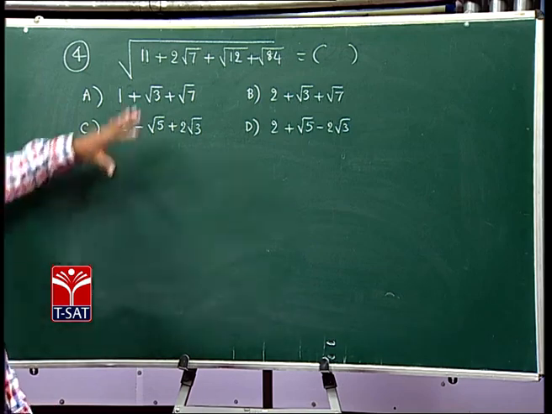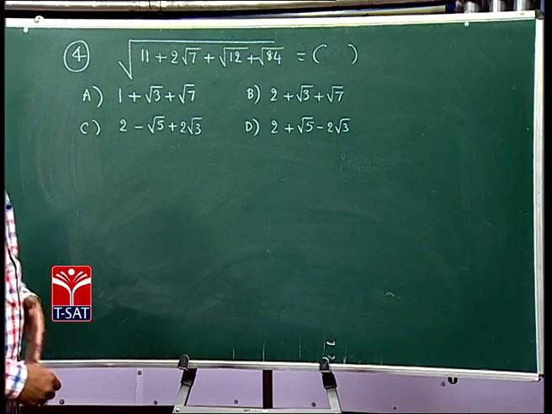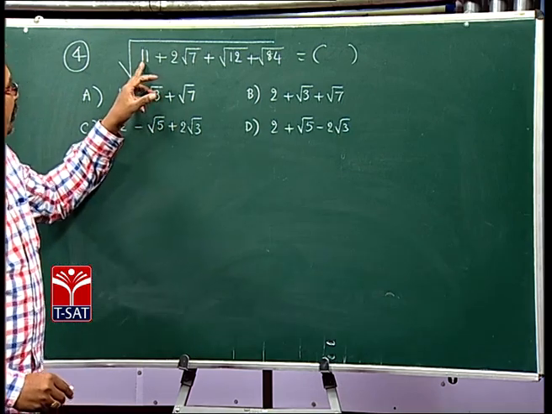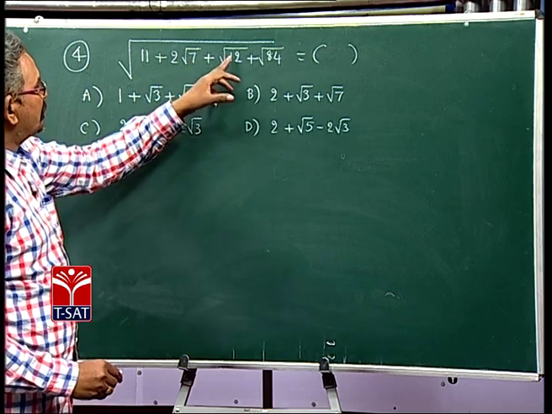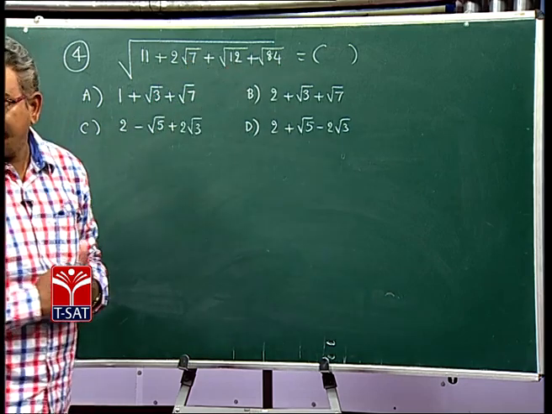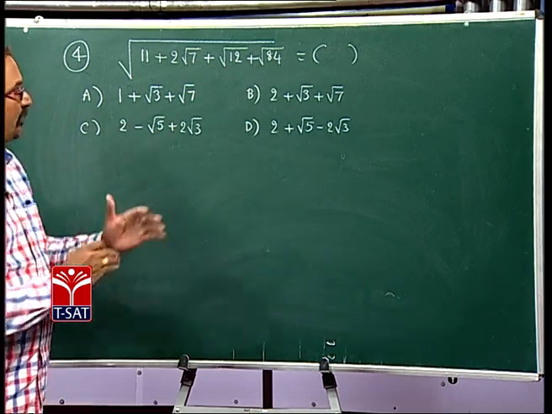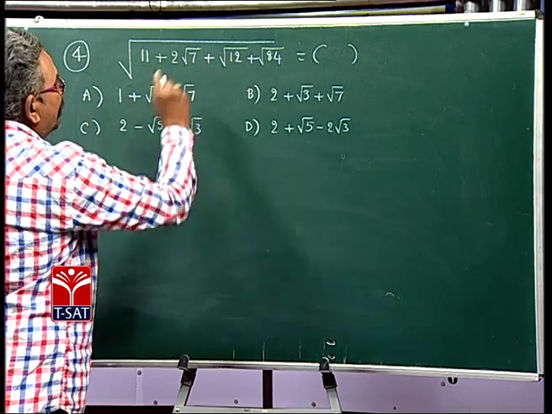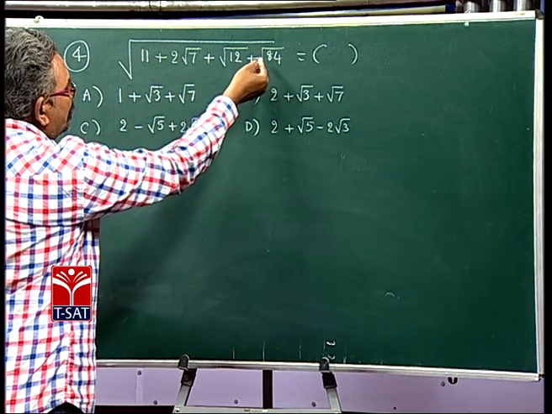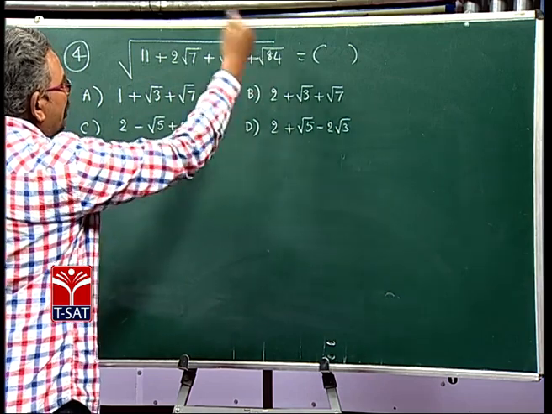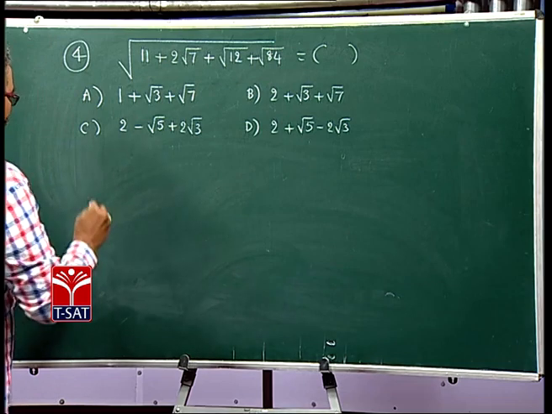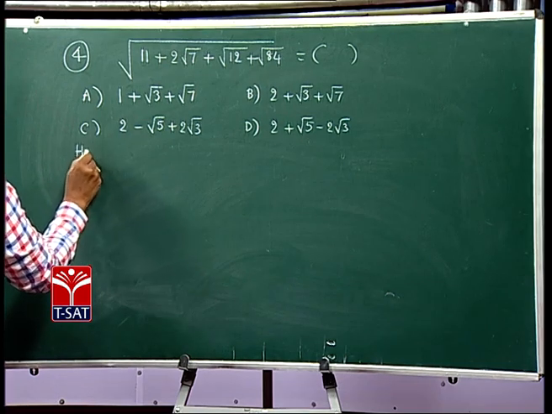Now we have to check the given problem is in the form of a plus 2 root b plus 2 root c plus 2 root d. Otherwise we have to change. This is 2 root form, but it is not. So these two terms are to be kept as 2 root of something, 2 root of something. So let us write first of all.